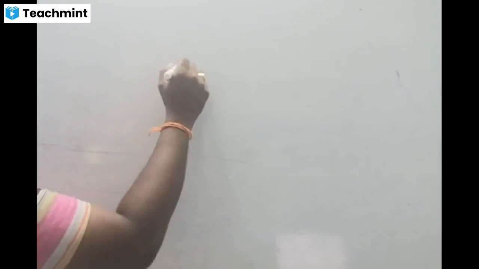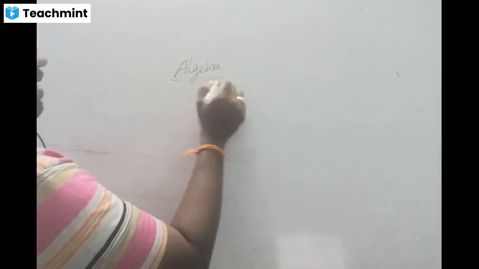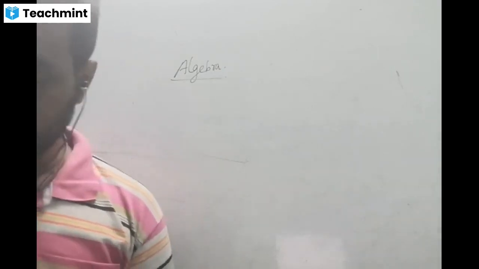So write the heading algebra. This is the third chapter. Already we finished the first one and the fifth one. In the third chapter, algebra, we also finished the sum whose name is matrix. So today we are going to start from the initial one in algebra.